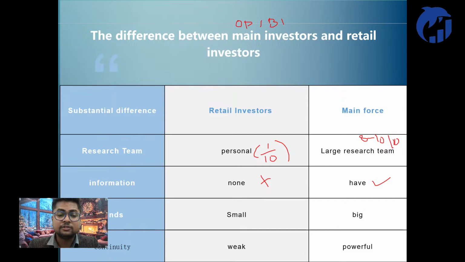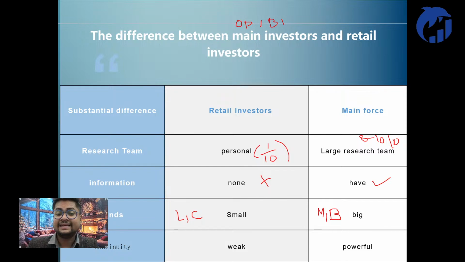So the main force, the operators, have the information with them. Talking about funds, retailers' funds are very small, maybe in lakhs or crores, but the main force deals in hundreds of crores, right? Most retailers deal in lakhs and crores of rupees, but they deal in millions and billions.